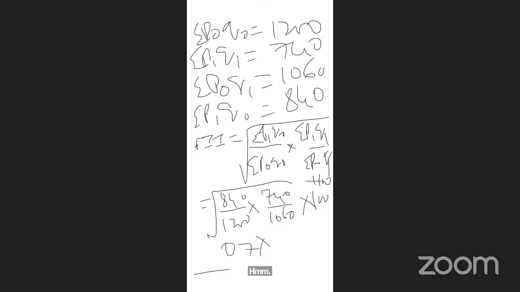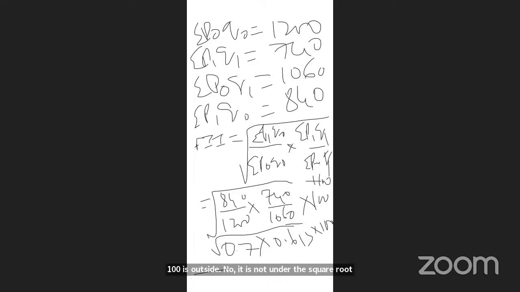Did we take the values rightly? 740 divided by 1060 is 0.6981132. This is under root. Under root into 100. The 100 is outside, it is not under the square root.